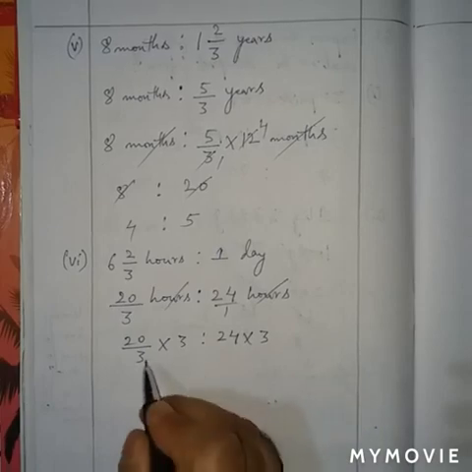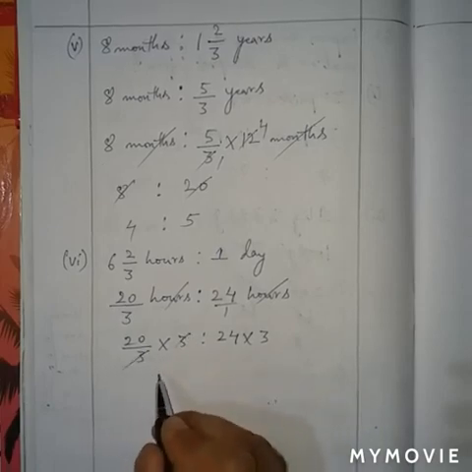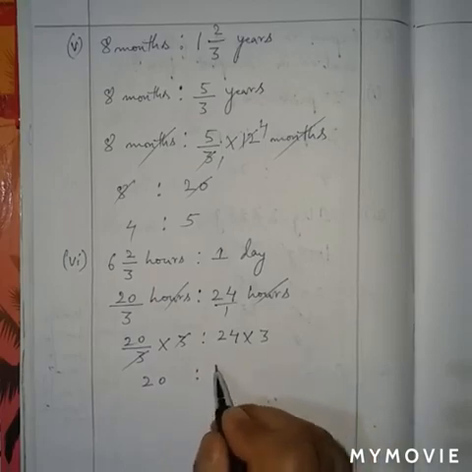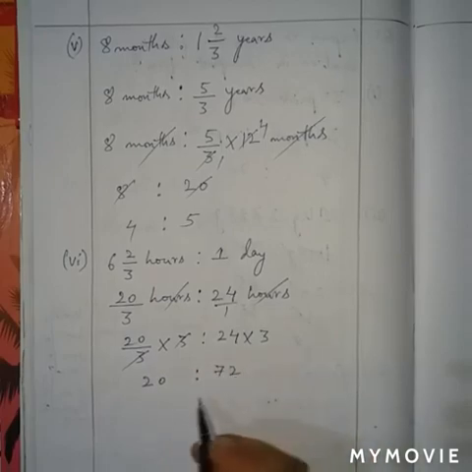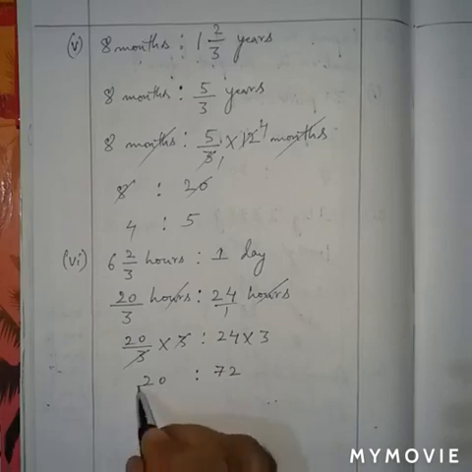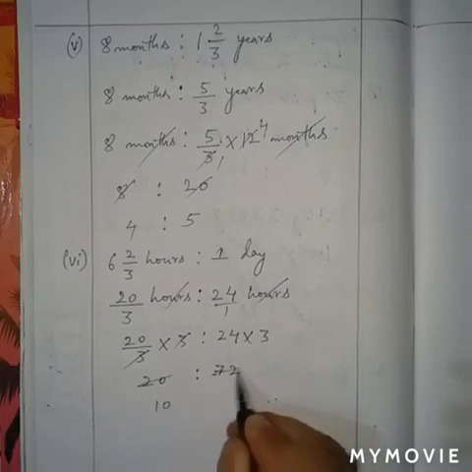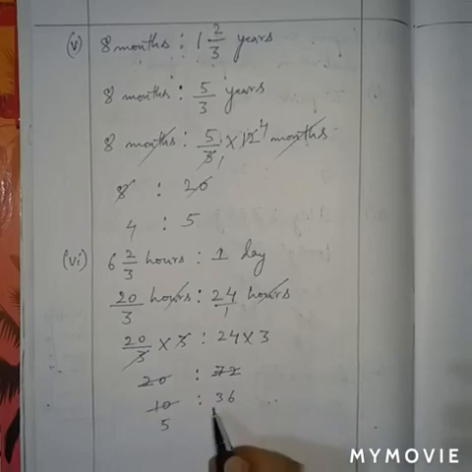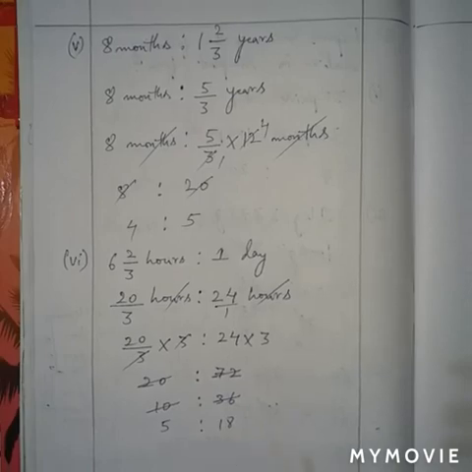So here 3 and 3 get cancelled. This is 20 is to this one is 72. Now again we can cancel here: 2 10 times, 2 3s are 6, 2 5s are 10, and 2 18s are. So this is the simplest form.